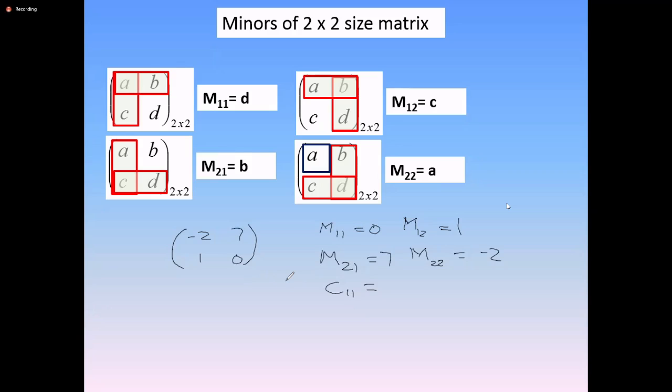This was made the main diagonal. M11, C11 is also 0 because multiplied by minus value also 0, right? Then C22 also equal to minus value minus. But C2 in associated diagonal, they are with opposite value.